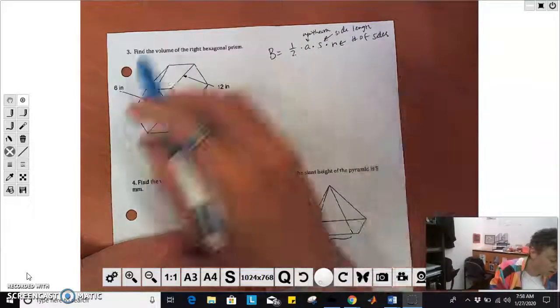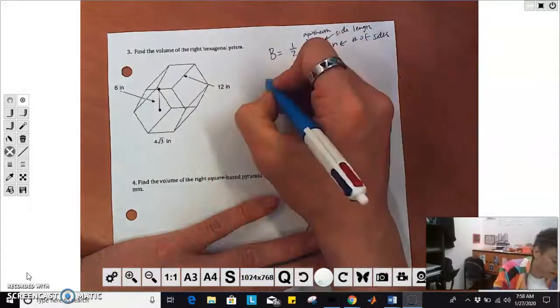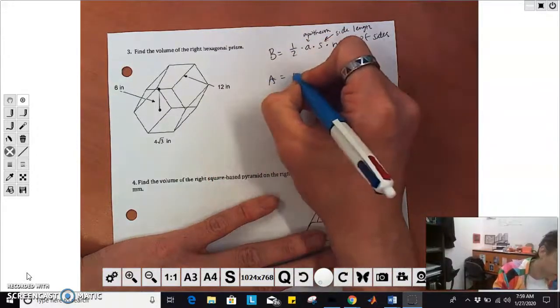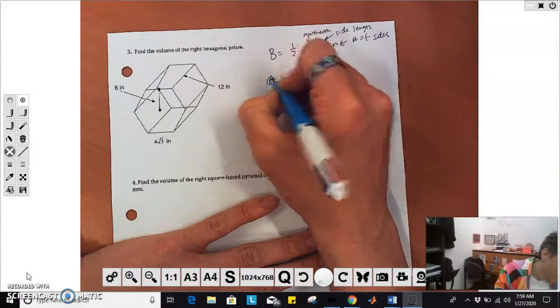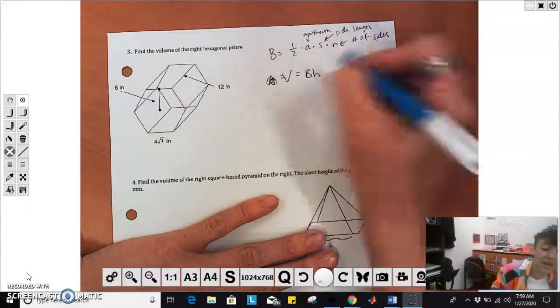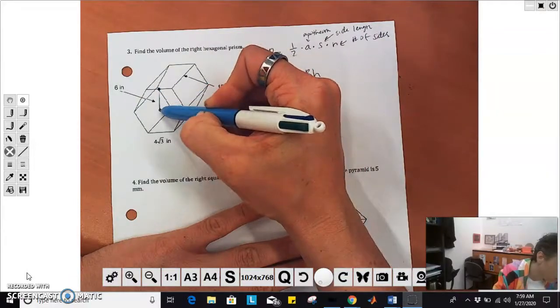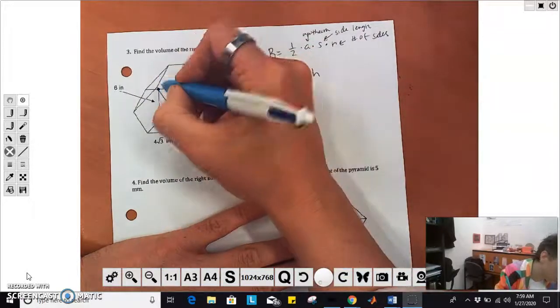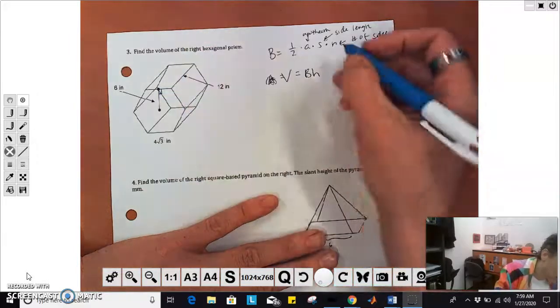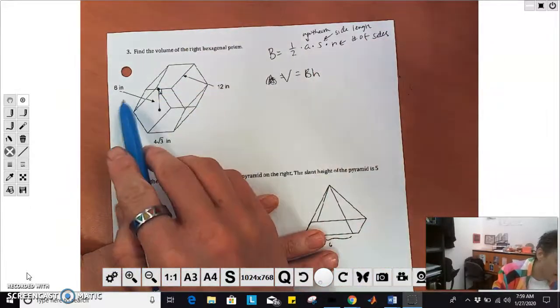So we're still going to use the volume formula. V equals BH, but now A is our apothem, which is the distance from the center to the outside face where it would make a right angle. So in this case, A would be 6.